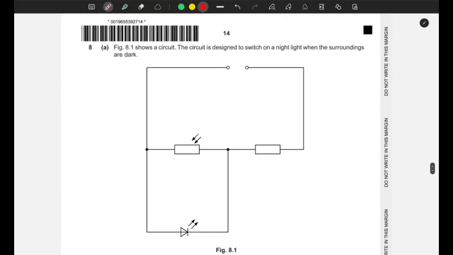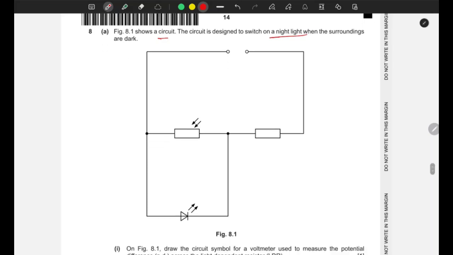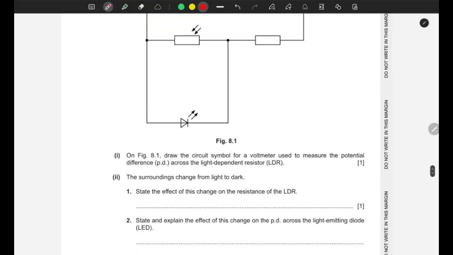Question 8. Figure 8.1 shows the circuit designed to switch on a night light when the surroundings are dark. Alright. So on figure 8.1, draw a circuit symbol for a voltmeter used to measure the potential difference across the light-dependent resistor LDR. Interesting.